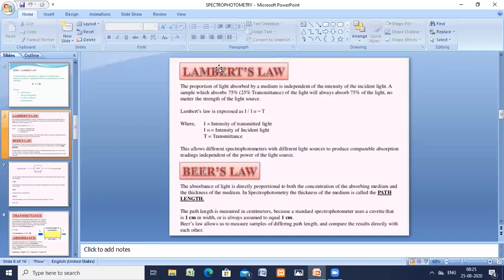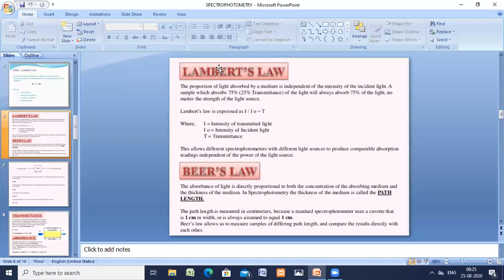Now we'll see about Beer's law. Beer's law is nothing but the same: the absorbance of the light is proportional to the length and thickness of the medium. Lambert's law explains that transmitted light decreases as the thickness of the medium increases.